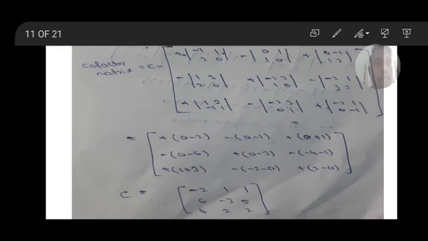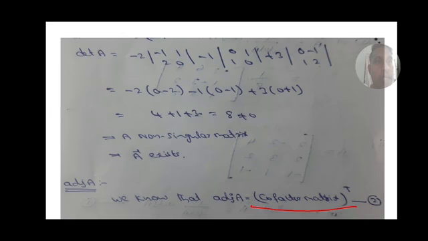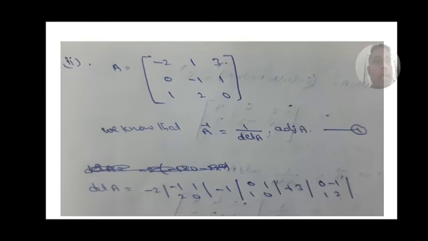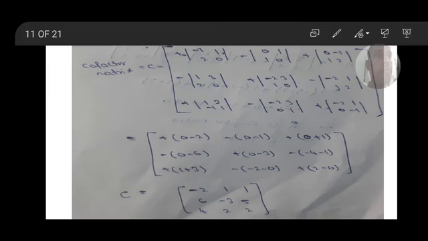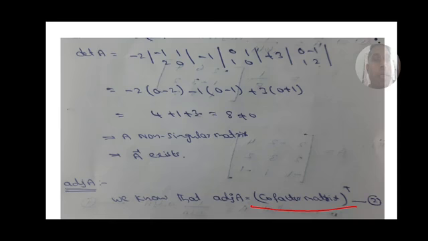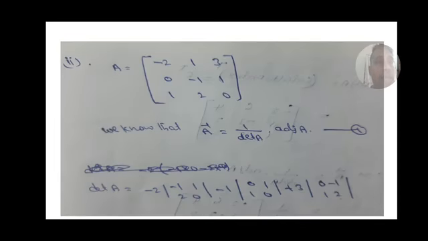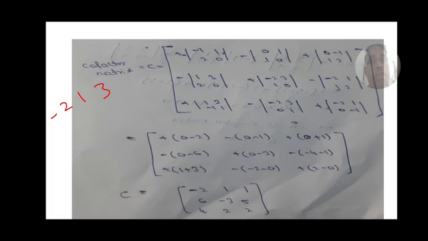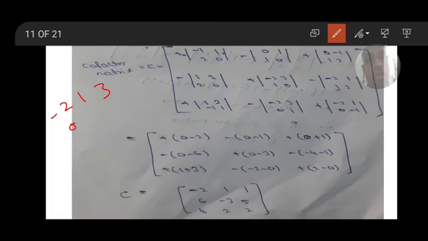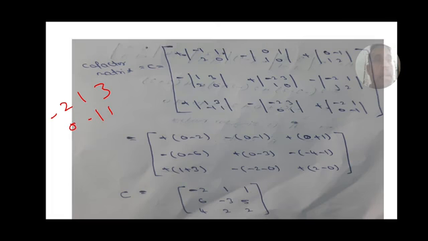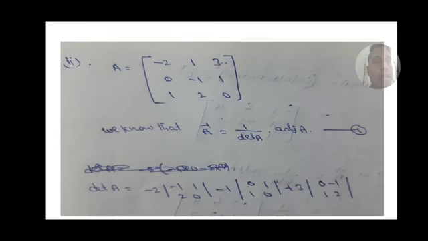What is the matrix? First we write it here: minus 2, 1, 3; next 0, minus 1, 1; next 1, 2, 0.